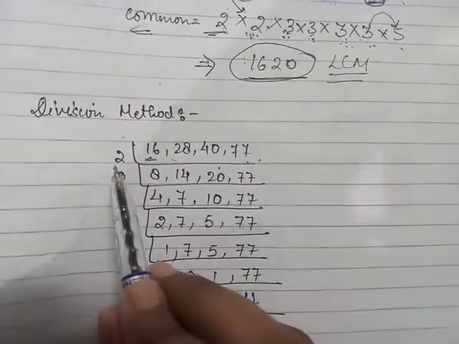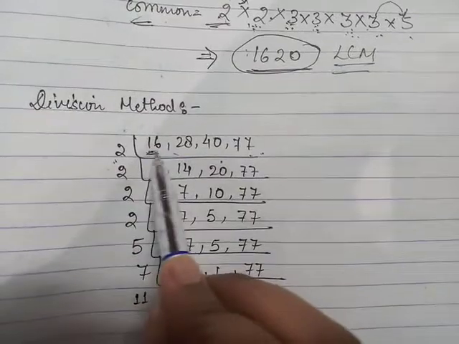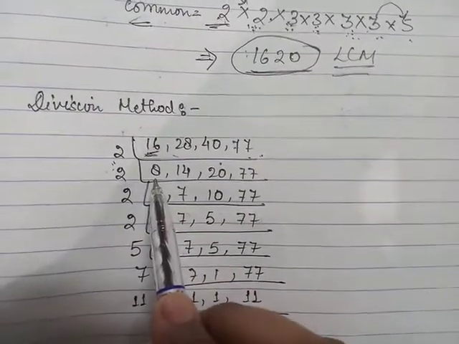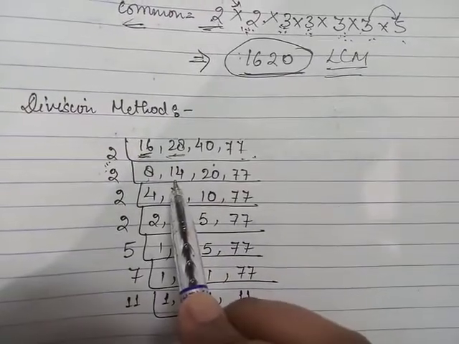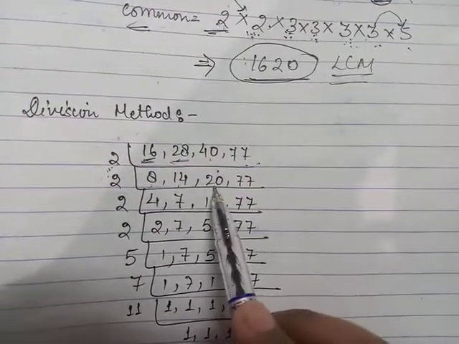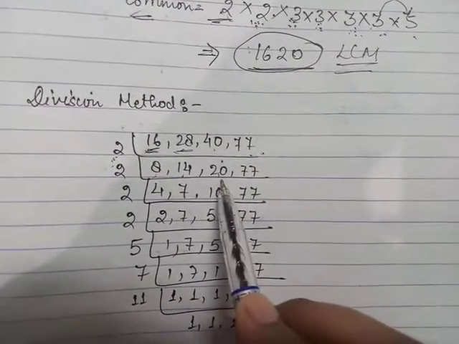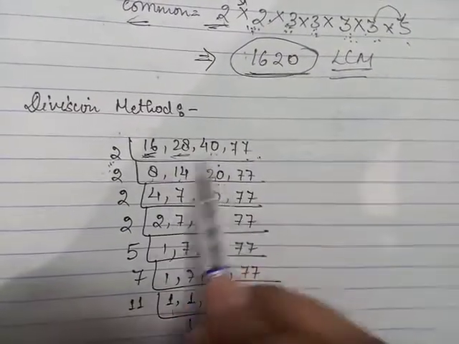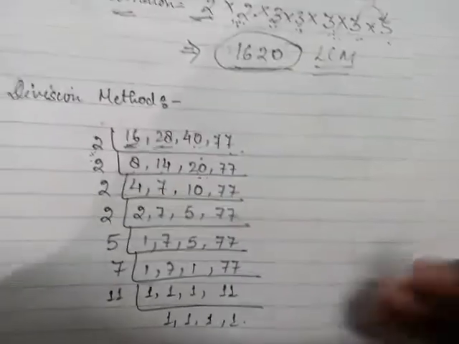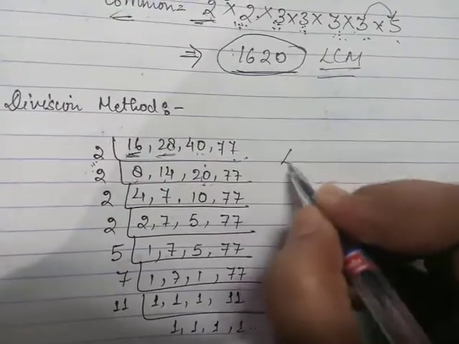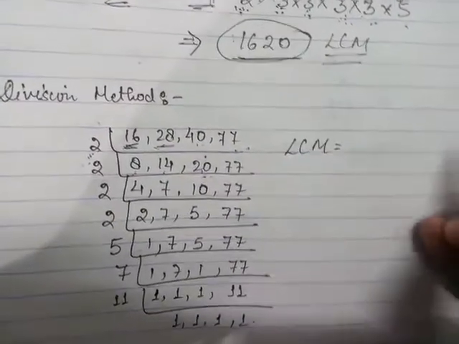You can see when we have taken 2, 16 divided by 2 is 8. Now 28 can also be divided by 2, and 40 divided by 2 will give 20. So all the numbers are divided simultaneously. In this way we will find the LCM of any number with the help of the division method.